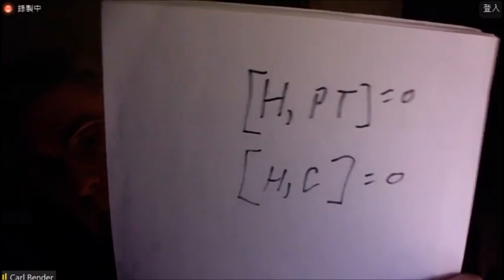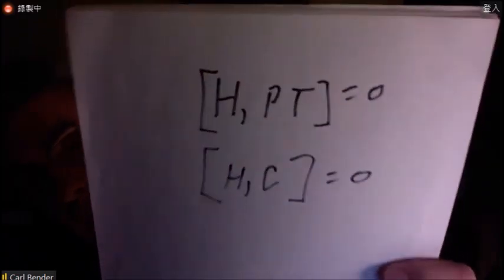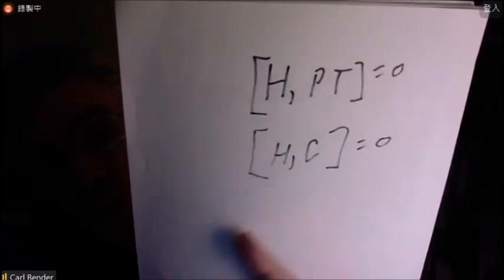What that means is that there is another operator that commutes with the Hamiltonian, and I call this operator C. So the C operator also commutes with the Hamiltonian.